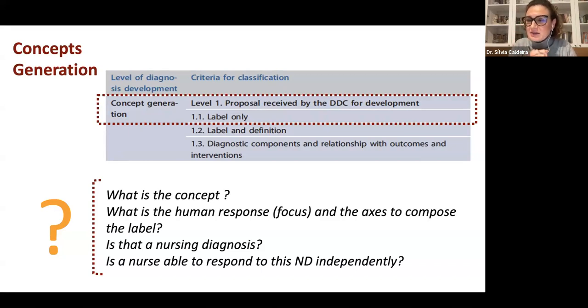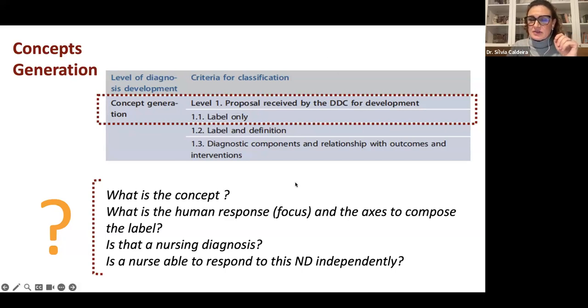We should ask ourselves, is that a judgment that nurses are making when assessing a human response? Is that a nursing diagnosis? Is a nurse able to respond to that nursing diagnosis independently? And this is the critical point. Is a nurse able to respond to that nursing diagnosis independently?